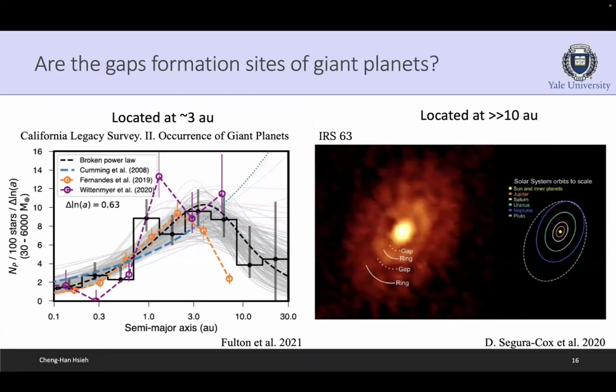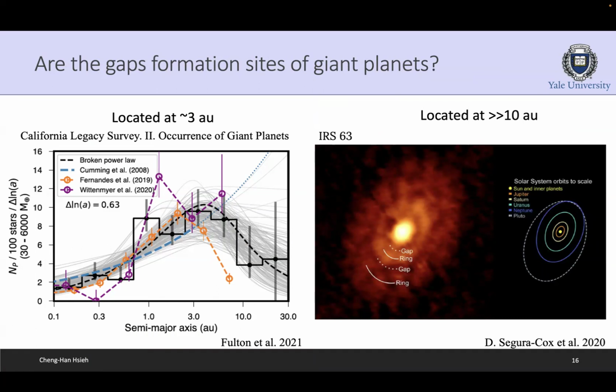However, there are some open-ended questions that haven't been answered. Are these gaps formation sites of giant planets? If you look at the ALMA images, most of the rings and gaps are located very far away, much greater than 10 AU.